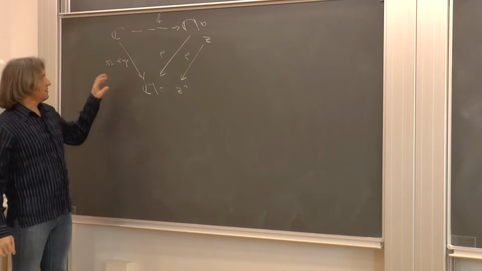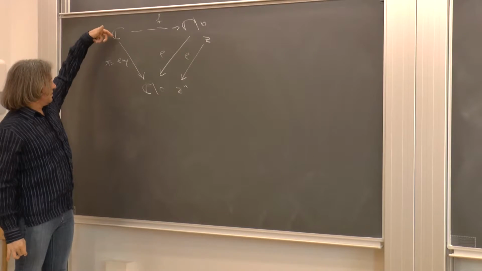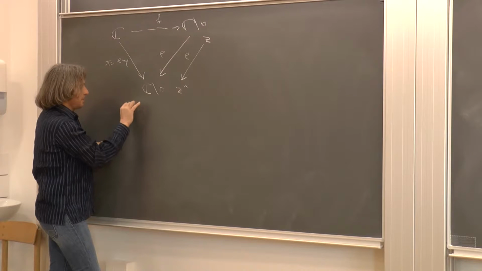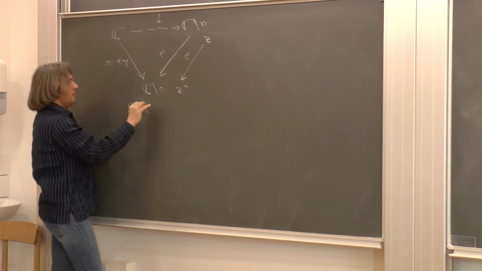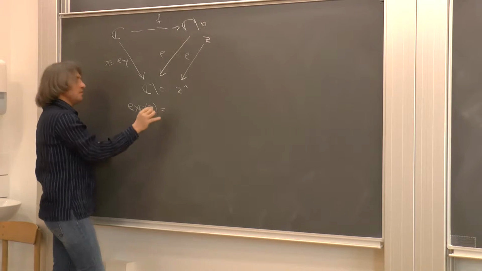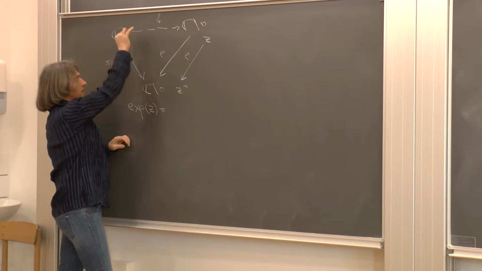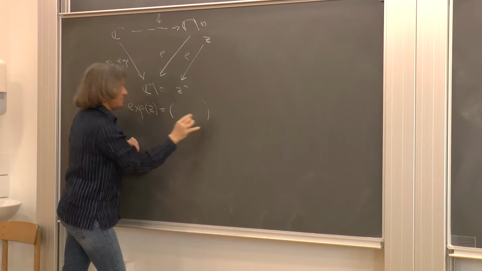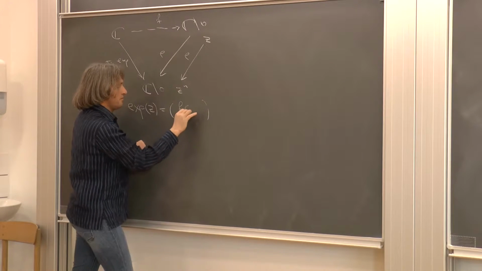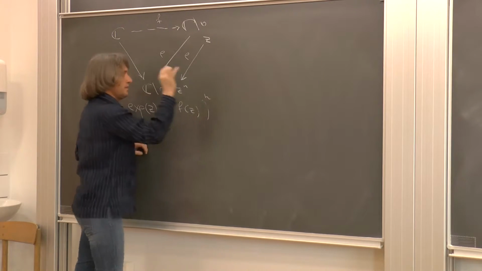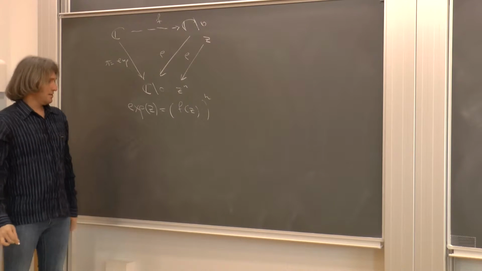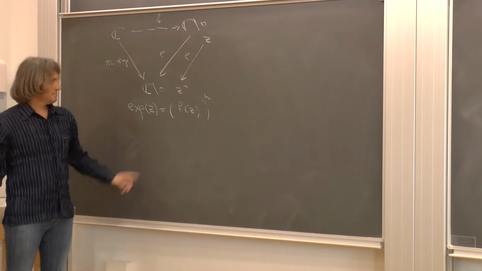I don't think there's anything to be scared of. It's an equation. Exponential of z equals something, and then to the n, F of z to the n. Can you write this F?